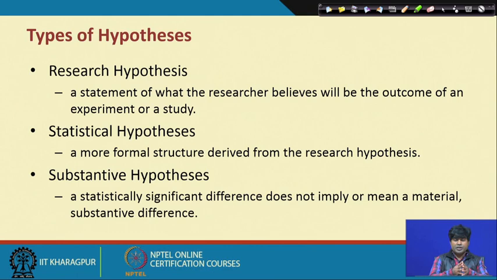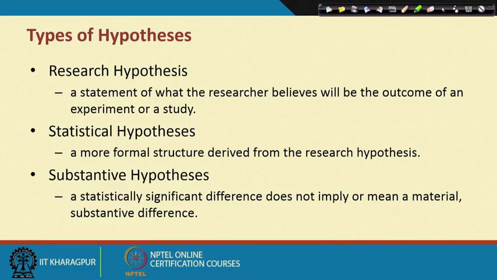So, the idea is just to verify the facts, and hypothesis in the simple structures we can say that it is a statement which is not verified, and we are here to verify the particular structures. It can be represented in 3 different ways.